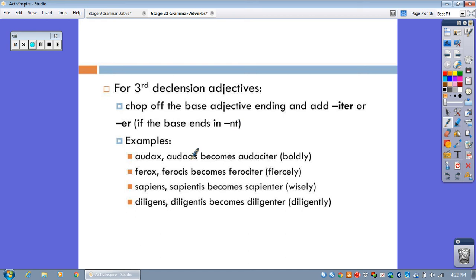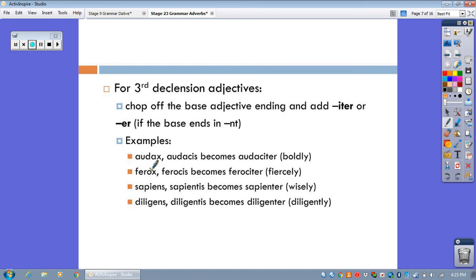Well, you take a look at the genitive singular, and you chop off the genitive singular ending. So for this adjective, audax, meaning bold, the genitive singular is audacis. I chop off the -is, and I'm left with audac. That's my base. And then I add -iter, audaciter, means boldly.